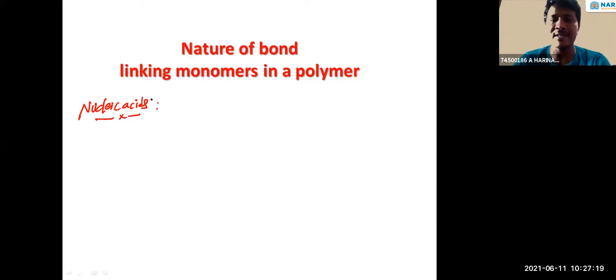Last time in the NEET examination, they gave this: the sugar, if it is DNA, deoxyribose sugar; if it is RNA, ribose sugar is present. So I don't want to mention what this sugar is. Here, any nitrogen base is attached to the first carbon.